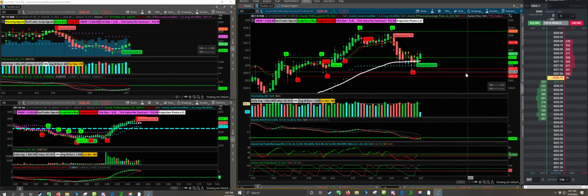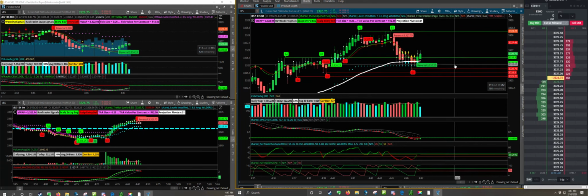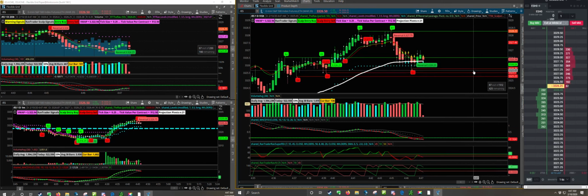At 26.25, you can do that order in at 26.25 reversal. There's the breakdown below, 25.5 short.